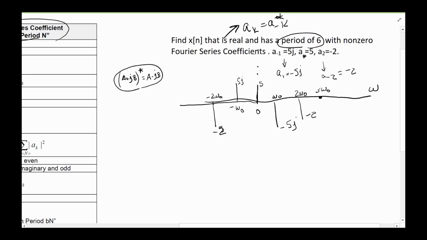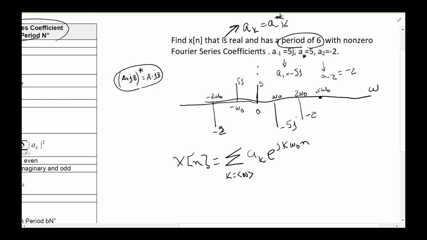So now if I want to write the x of n function for this one, all I have to do is remember I need the synthesis equation, and once I have the synthesis equation, I am done. So if you recall from earlier, the synthesis equation for x of n is equal to the summation of k over a period, a of k e to the j k omega 0 n.